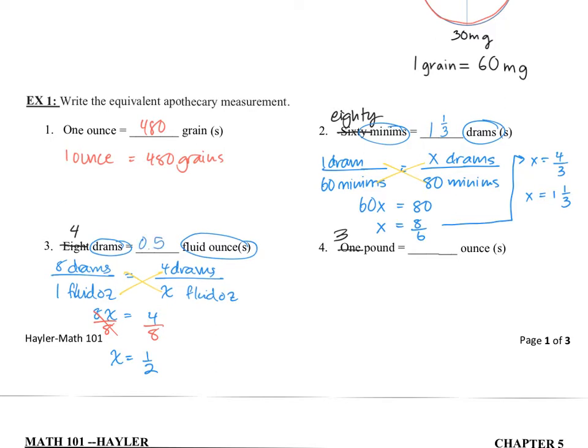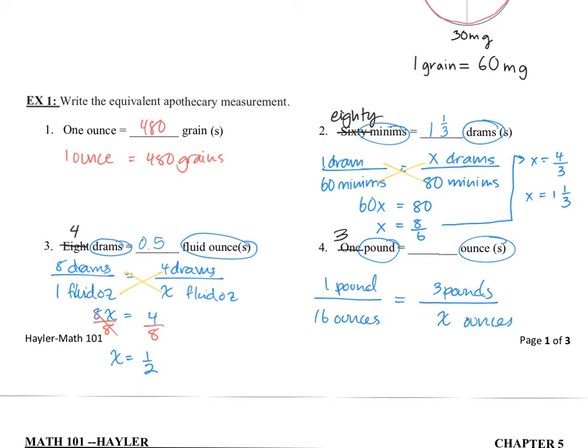Okay, now let's see. 3 pounds to ounces. Converting this, I want to find a relationship between pounds and ounces. One relationship is that 1 pound is 16 ounces. That's my equivalence. So I'll do 3 pounds over, well, we don't know how many ounces, so we're going to use x.